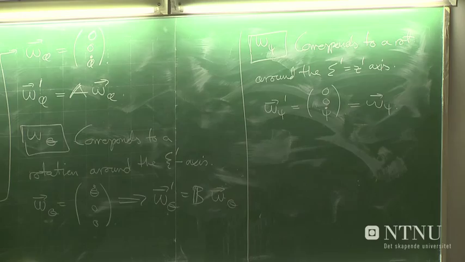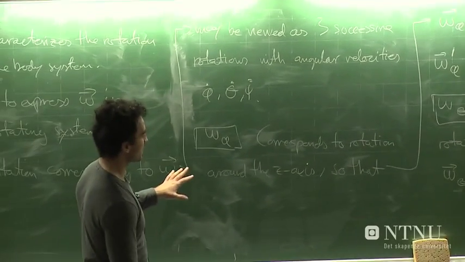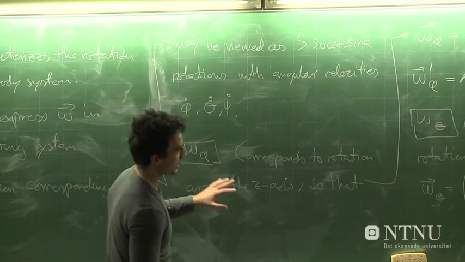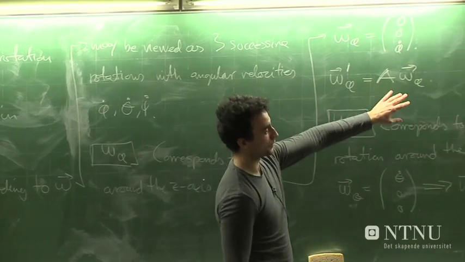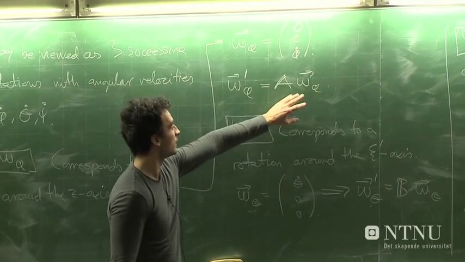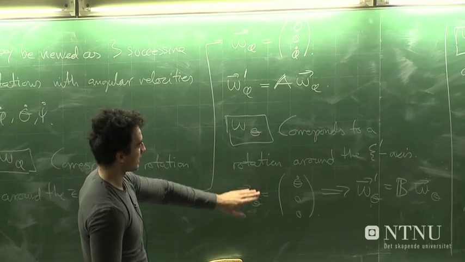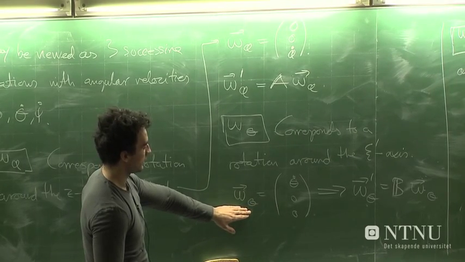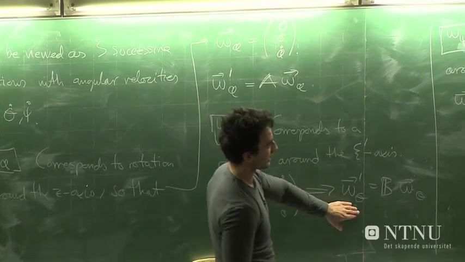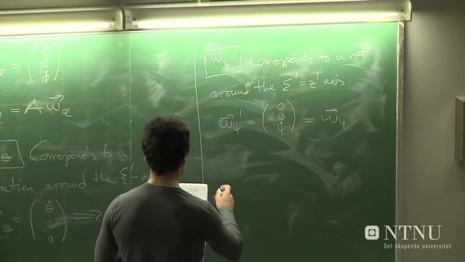And so we now have all of the components. We have expressed the vector, the angular velocity corresponding to the rotation with phi in the final system, and the same thing for theta and psi.